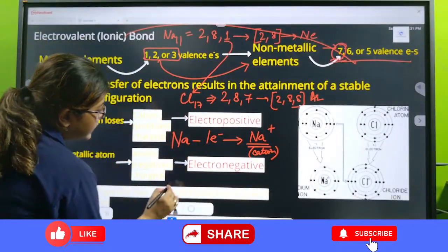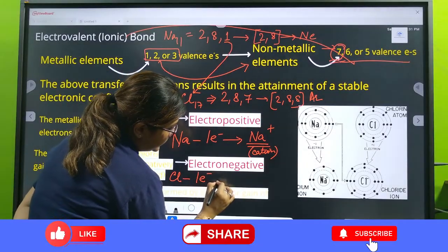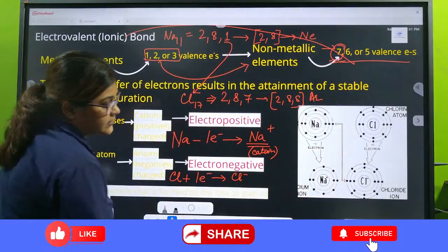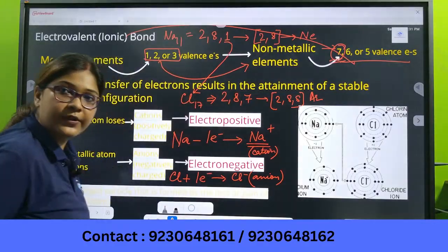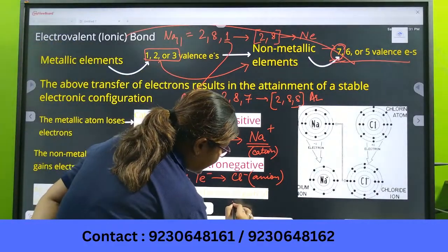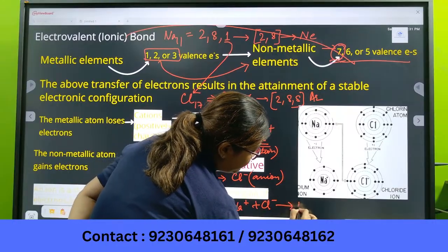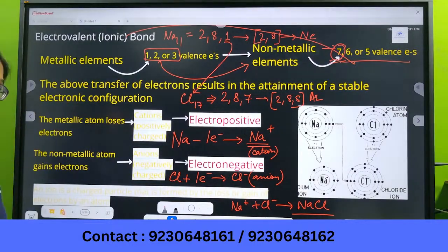Chlorine, on the other hand, gains one electron to become Cl minus. This is an anion. So this Na plus and Cl minus combine to give salt, which is NaCl.